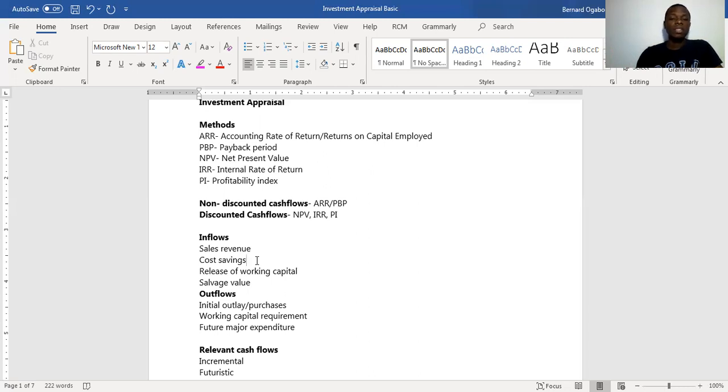So if I invest in this new machine, the cost that I save from not paying for extra 3 hours per day in labor, and the cost that I save for not buying 100 liters of diesel per day, should be part of cash inflows.